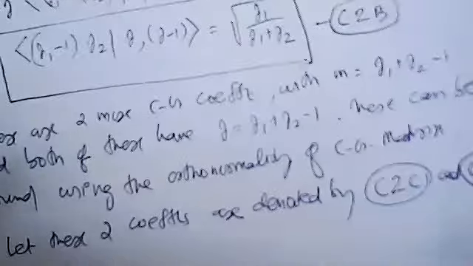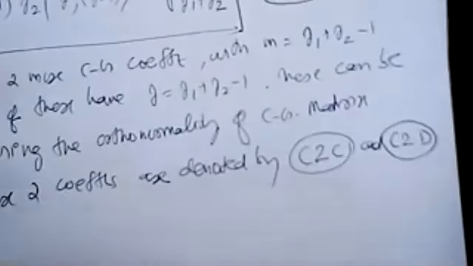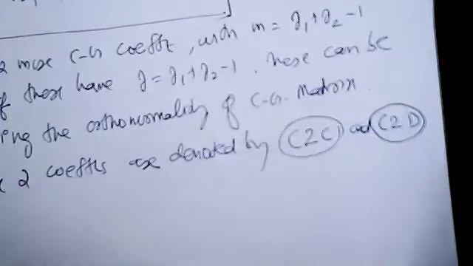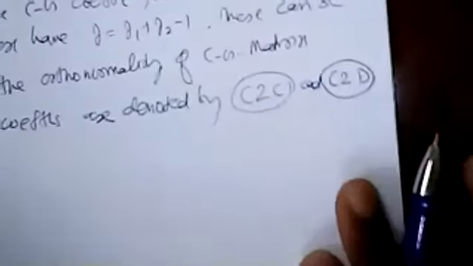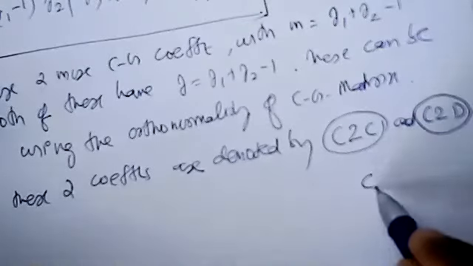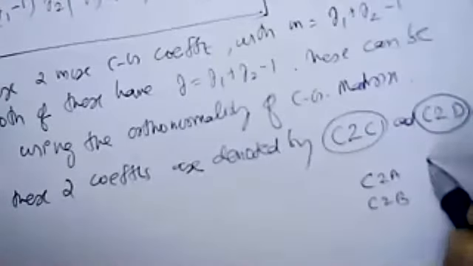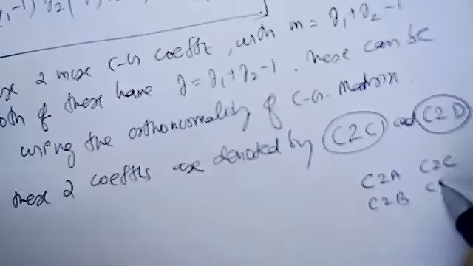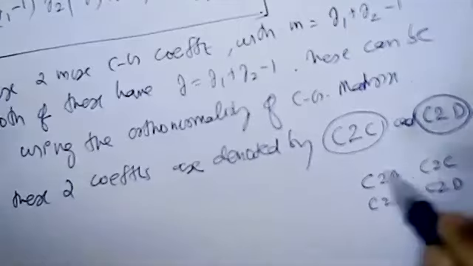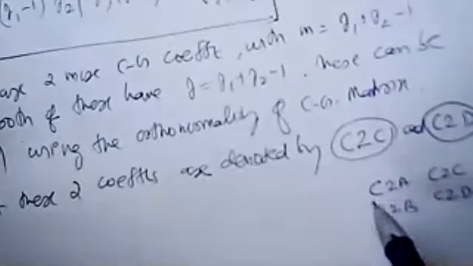Then inside the matrix it will come like this: C2A, C2B, C2C and C2D.